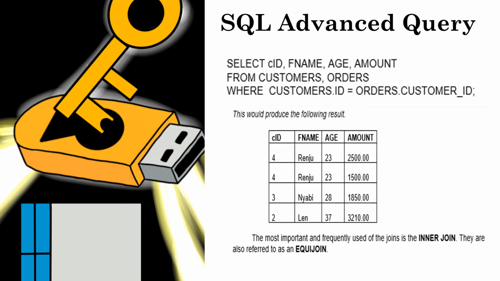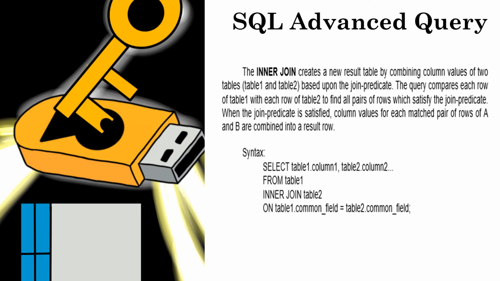The most important and frequently used of the joins is the inner join. It is also referred to as the equi-join. The inner join creates a new results table by combining the columns of two tables, like table 1 and table 2, based upon the join predicate.